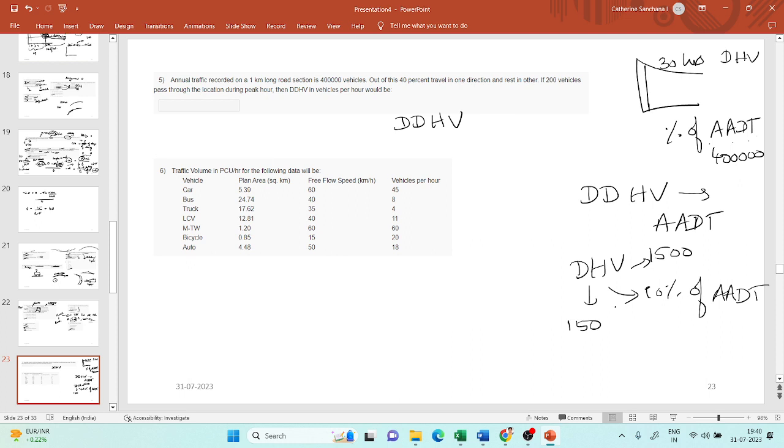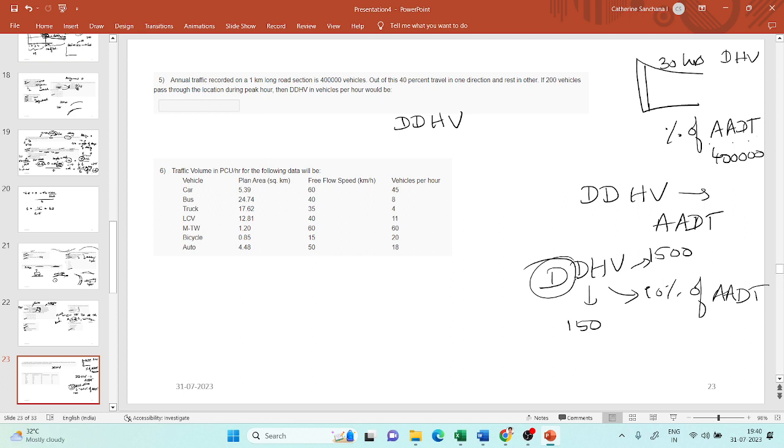Now what is directional design hourly volume? It has a directional term D in front of it. So it has to consider the effect of direction as well.